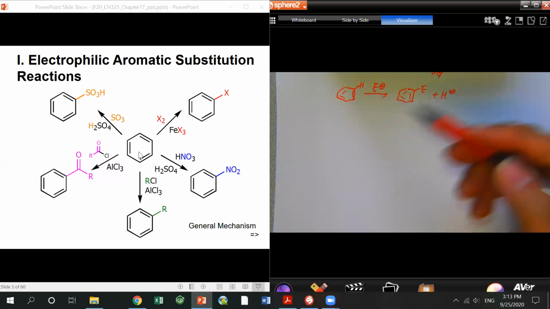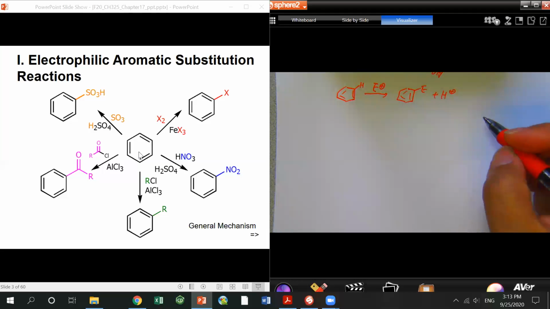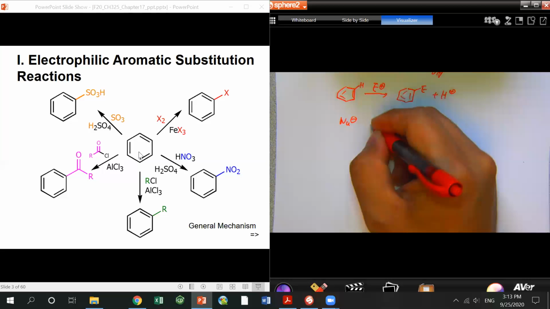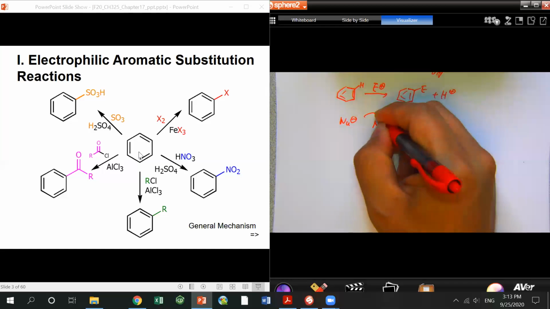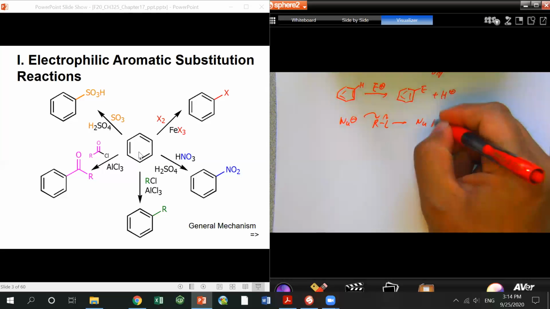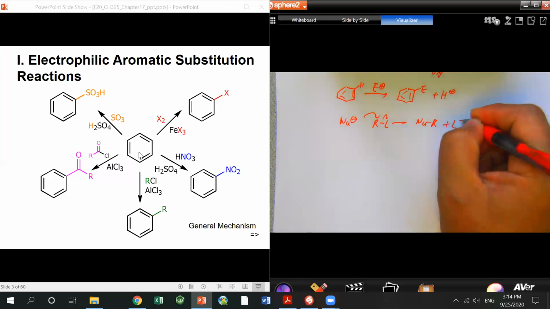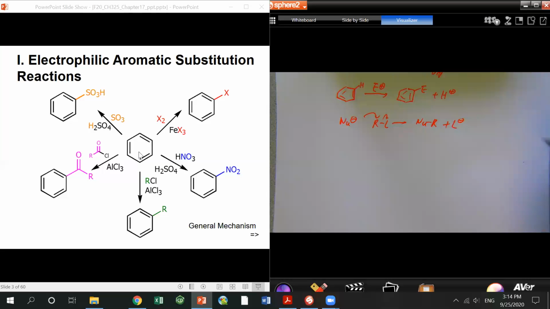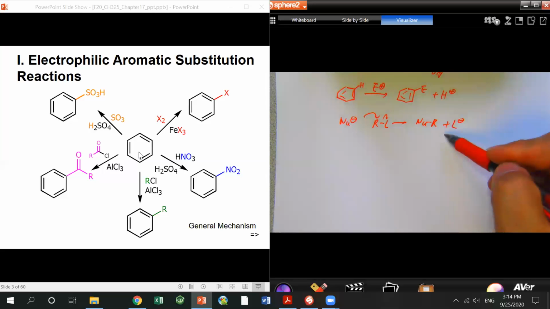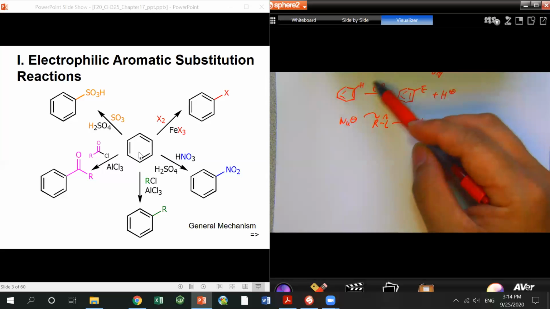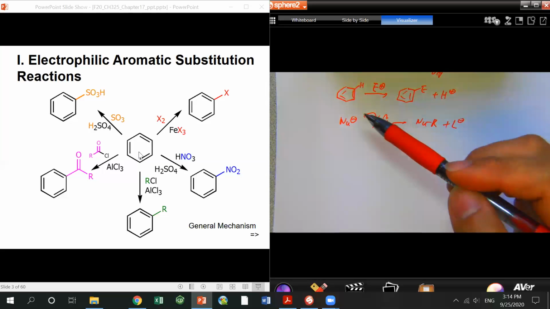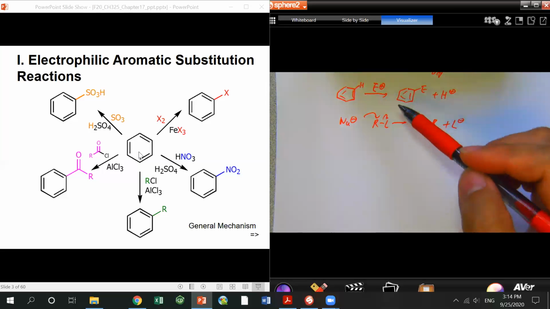The whole process is called a substitution reaction. We already learned nucleophilic substitution reactions in chapter 8, where the attacking species is a nucleophile, SN1 and SN2. But here the attacking species is an electrophile, which is why it's called electrophilic aromatic substitution.